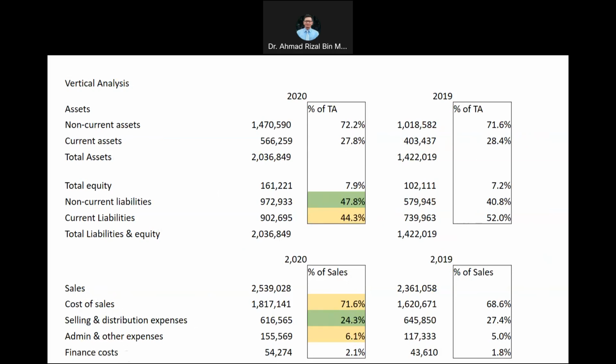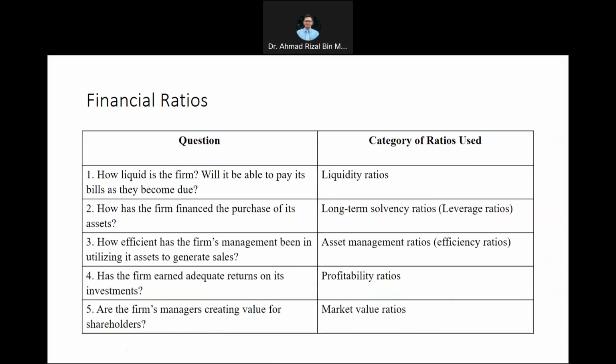during the financial ratios. Now, going into financial ratios, as mentioned, there are 5 categories of ratios, starting from liquidity. And this is important because it measures how liquid the firm is.